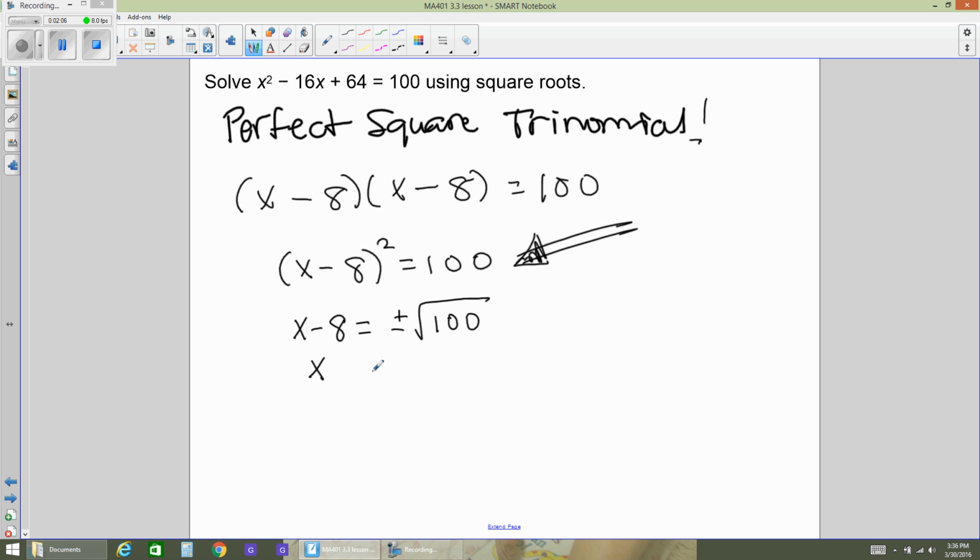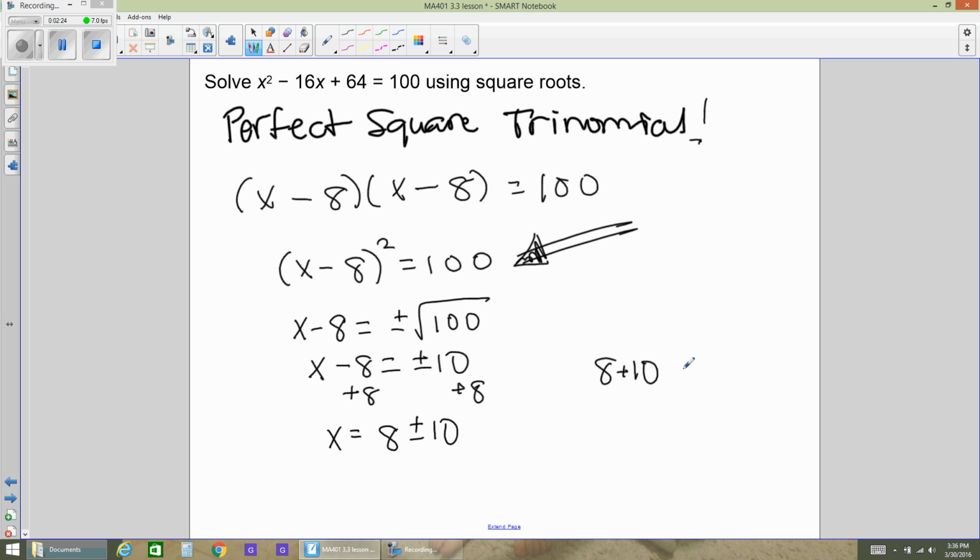So x minus 8 equals plus or minus 10. Add the 8 to both sides. You get x equals 8 plus or minus 10. So you have 8 plus 10 or 8 minus 10.